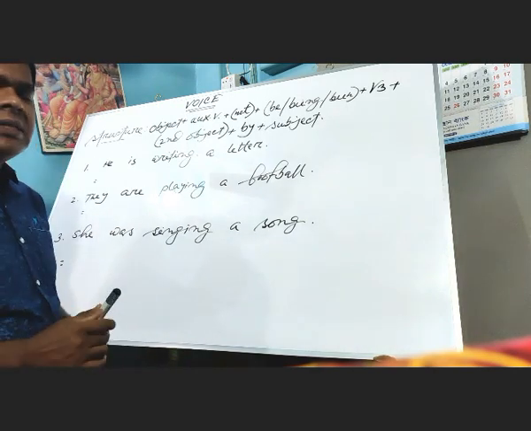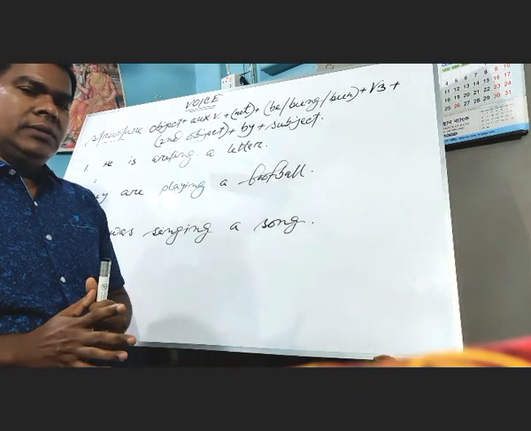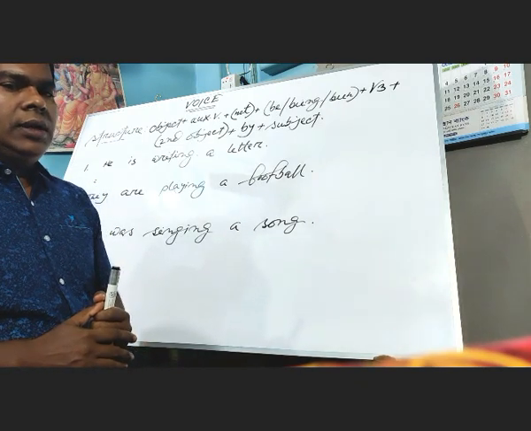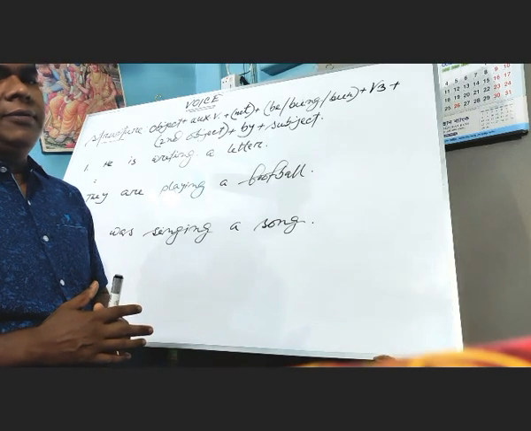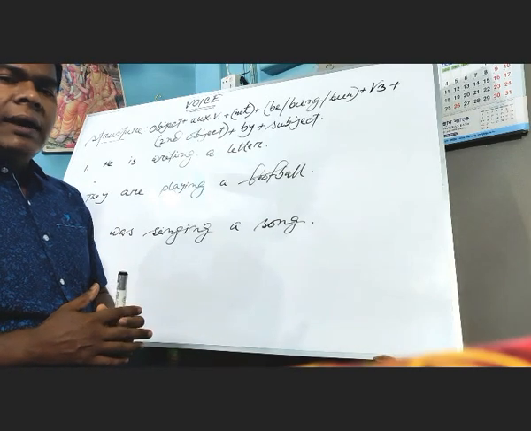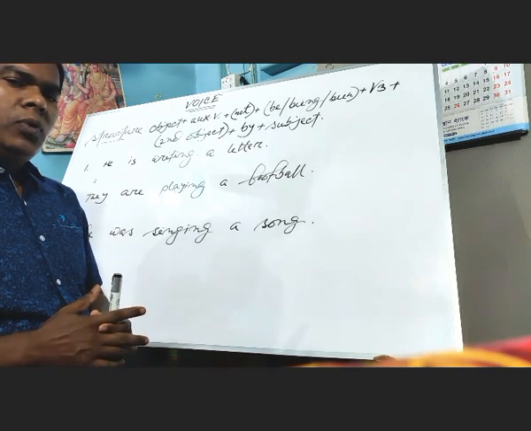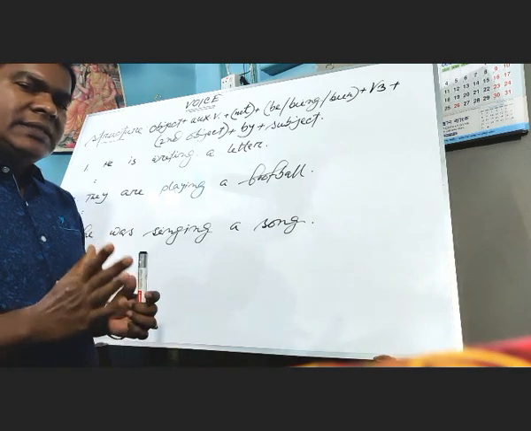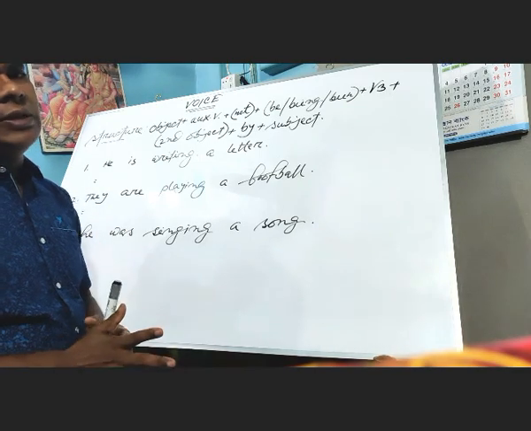It is much easier for students if you find an auxiliary, you can easily recognize the main verb, because after the auxiliary, the word or verb you find is the principal verb. So after auxiliary, the principal verb is used.